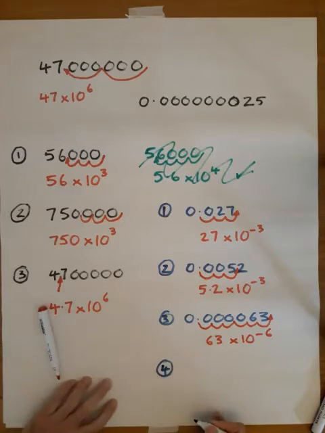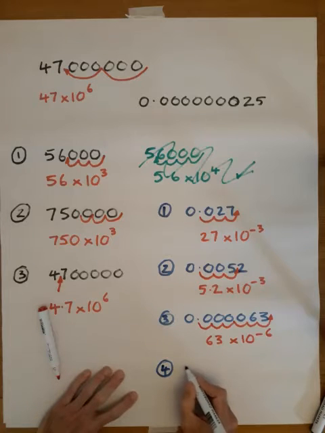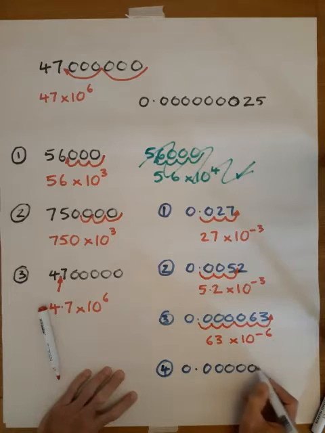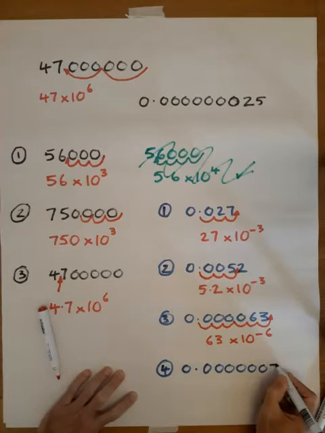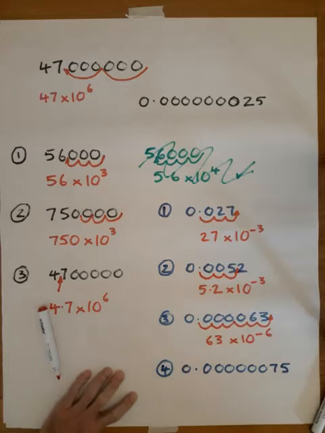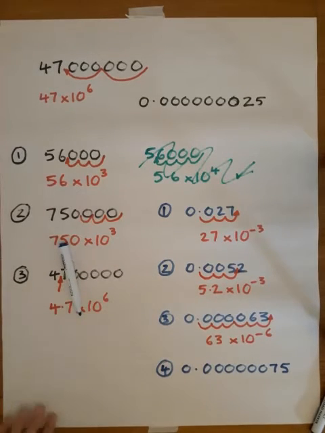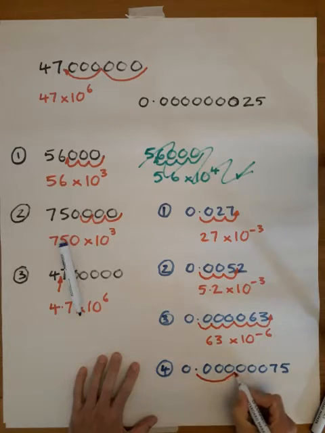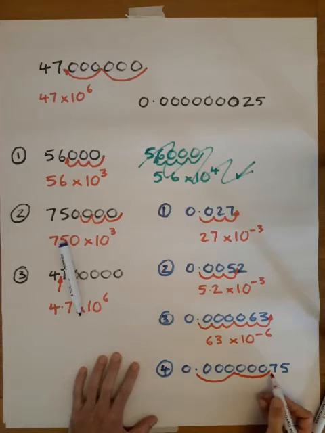Last example. 0.00000075. So moving the decimal point, going back 1, 2, 3, 4, 5, 6. I could stop there and leave an answer of 0.75 times 10 to the minus 6.